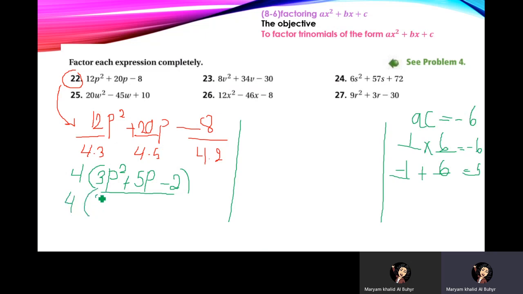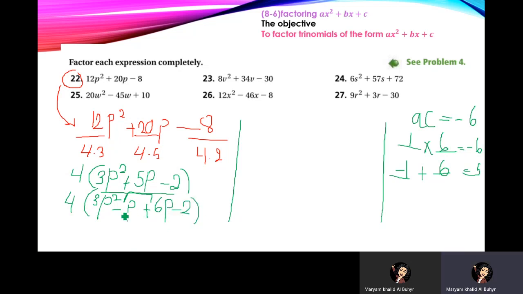Now, try to write it. Here we have 3p to the power 2. Now write the factorization that you did for 5p, which is negative 1p plus 6p. So which one should we write beside it? Here, right? Minus p plus 6p minus 2.